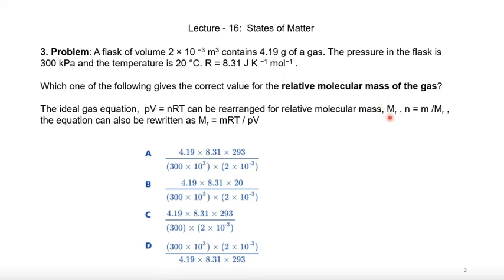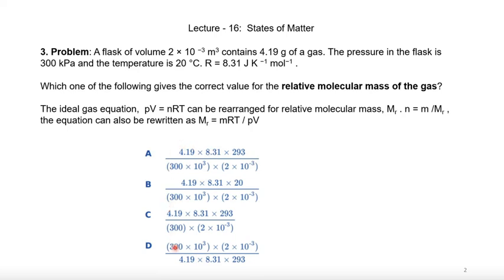Relative molecular mass is designated by Mr, and the number of moles is equal to the mass of the gas divided by the relative molecular mass. So if we rearrange the ideal gas equation, the relative molecular mass is equal to the mass of the gas times the gas constant times the temperature in Kelvin, divided by pressure and volume. So we have pressure, volume, gas constant, temperature, etc.